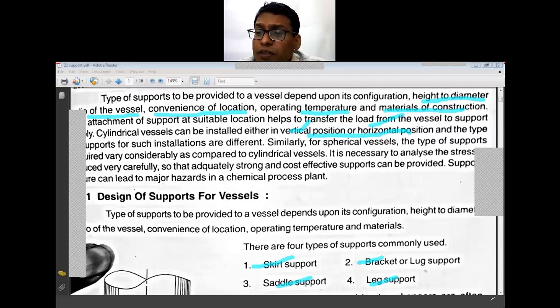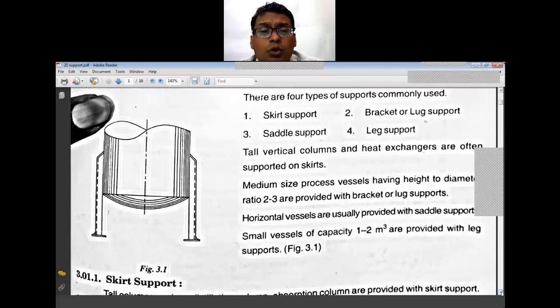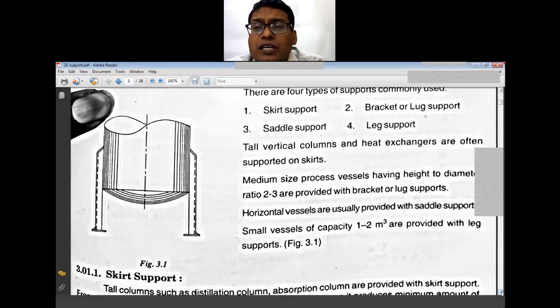So one by one, we will see the different types of support. Now, this is the simplest type of support, that is the leg support. As human beings, our body is also supported with legs, the two legs we are provided.